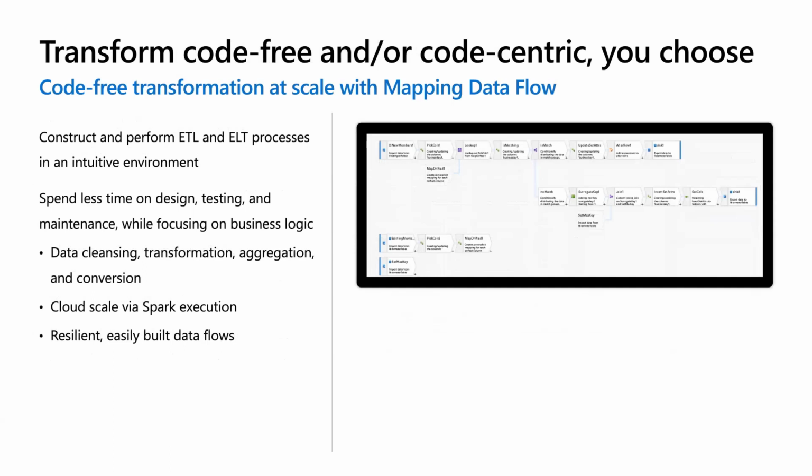Now, the mapping data flow is slightly different, and some customers might prefer this. You start here with a particular source data. In this model, you pretty much know what you want out of your data, what shape your final data should look like, and you work towards it from left to right.